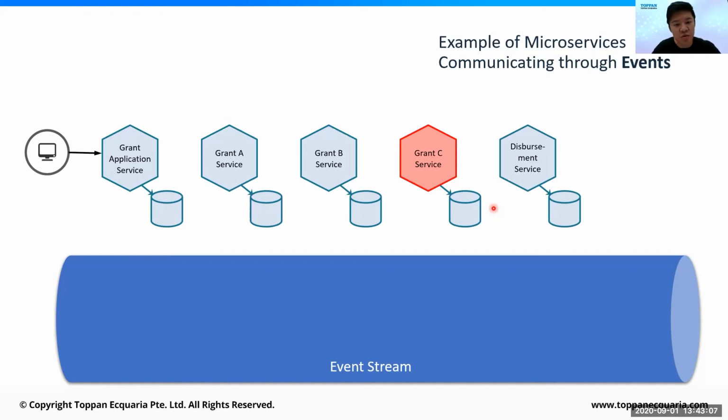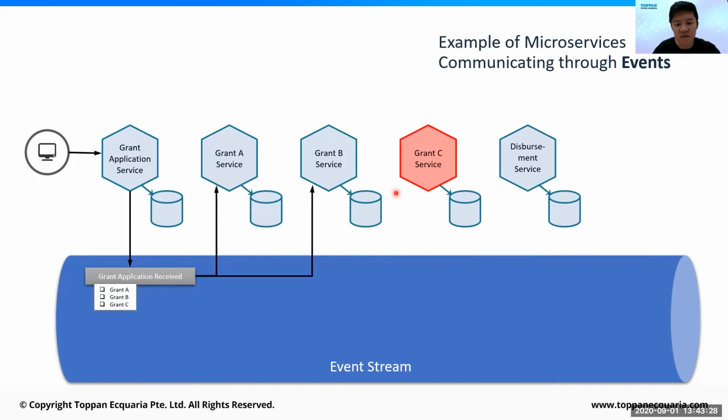Applicant makes a submission through the grant application service. The service actually accepts the applications, and the applicant will be able to successfully make the submissions, even when the grant C service is down. The grant application service emits an event to the event stream. Right? And these events will be picked up by the remaining healthy services, in this case, grant A and grant B. Right?